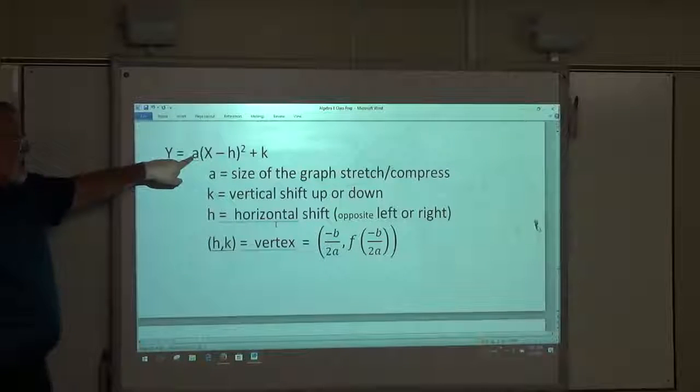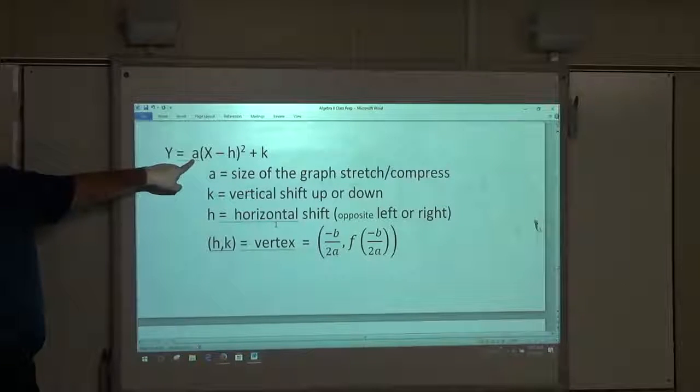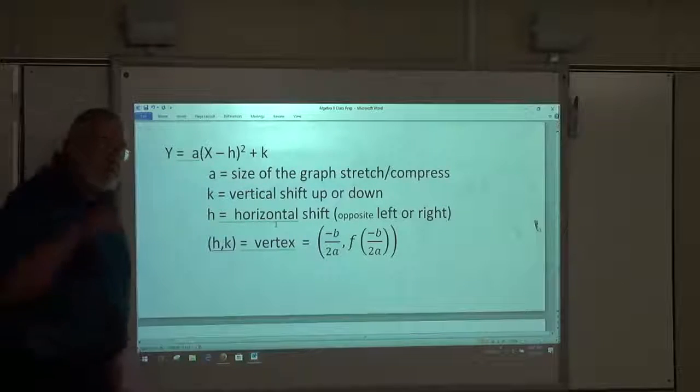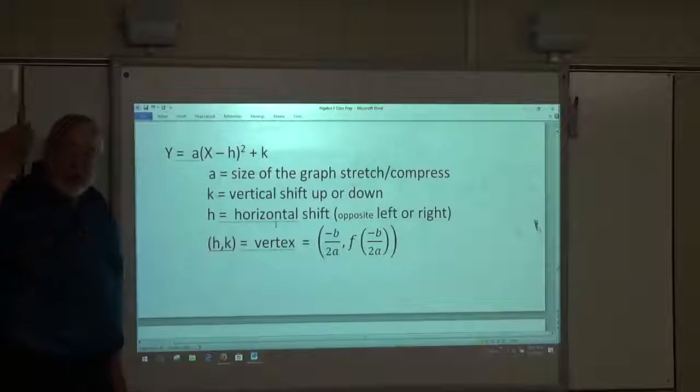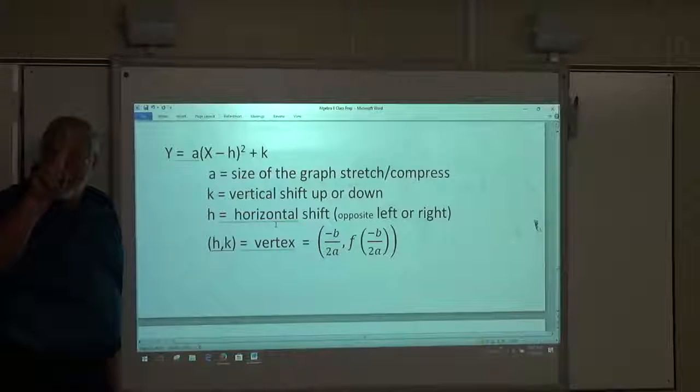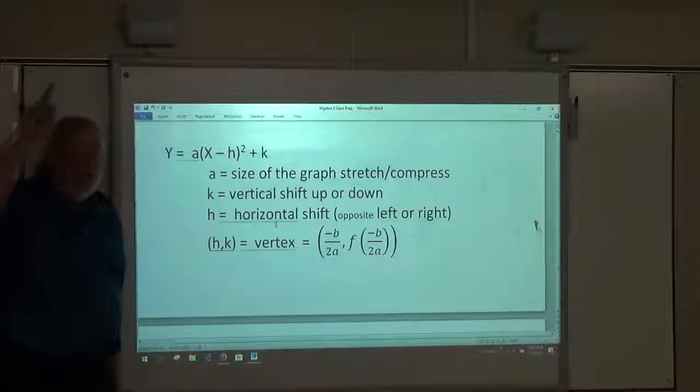Now, the size of the graph, as far as stretching or compressing, comes from what value this is. Most of Algebra 2 starts with x squared. So what's the a? It's 1. If it starts with x squared, the number in front of the x squared is a 1. It's in stealth mode. You can't see it, but it's there.